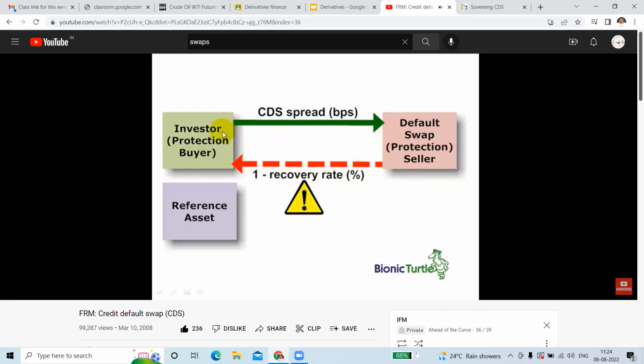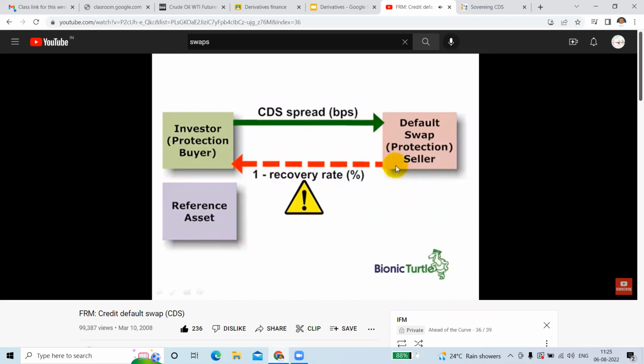On the other hand, the investor is paying these premiums on a contingent event, such that if there is a credit event according to the terms of the contract, then the seller is obligated to compensate the buyer for that. This seller has essentially purchased the credit risk on the reference asset.